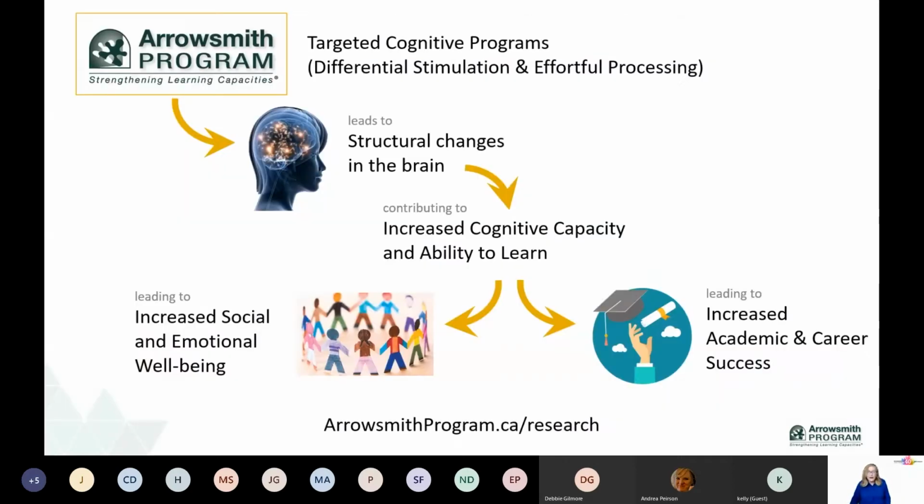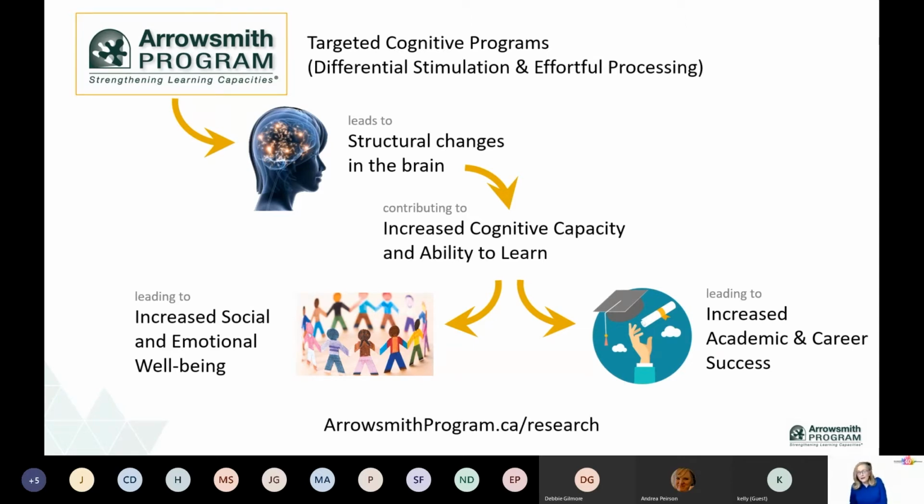So if we think about what is Arrowsmith, it's targeted cognitive programs. Symbol relations is one of those, which use this concept of differential stimulation. So the idea is we're targeting the stimulation to specific regions of the brain, and in this case, it's symbol relations.